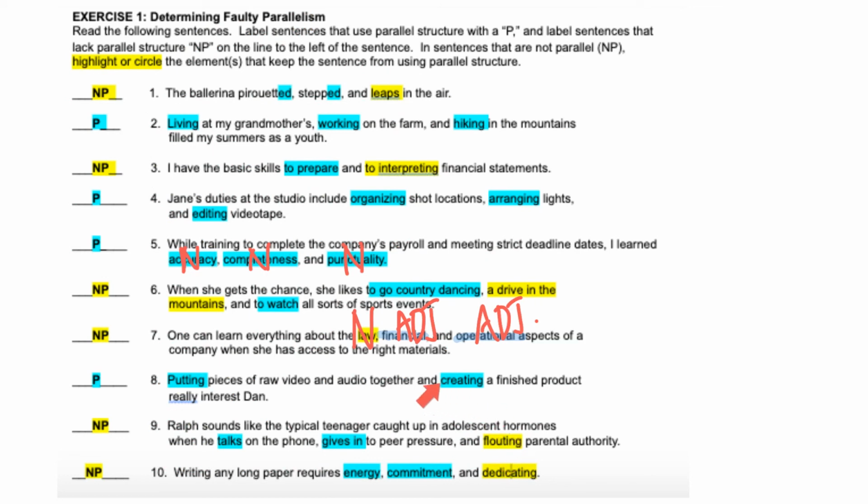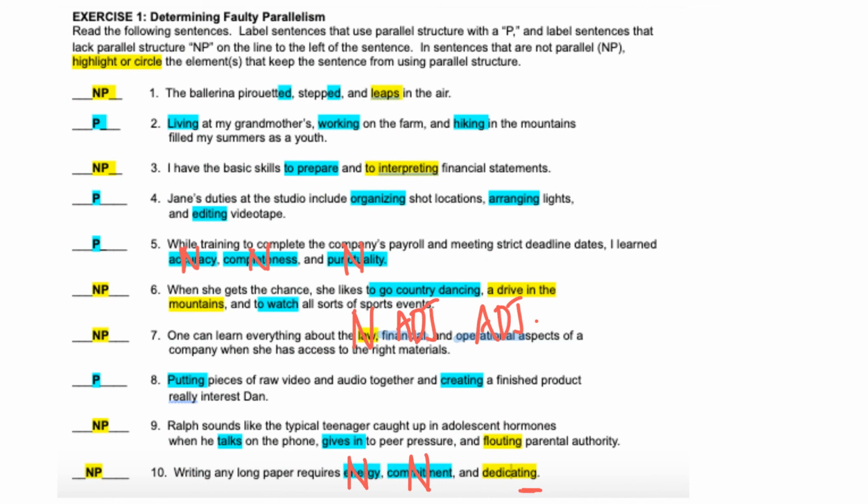Finally, we have a lack of parallelism in number 10. We can see that writing any long paper would require, once again, nouns. Think about, what kind of word is this? Energy is a noun. Commitment is a noun. But dedicating doesn't have that same kind of grammatical structure.